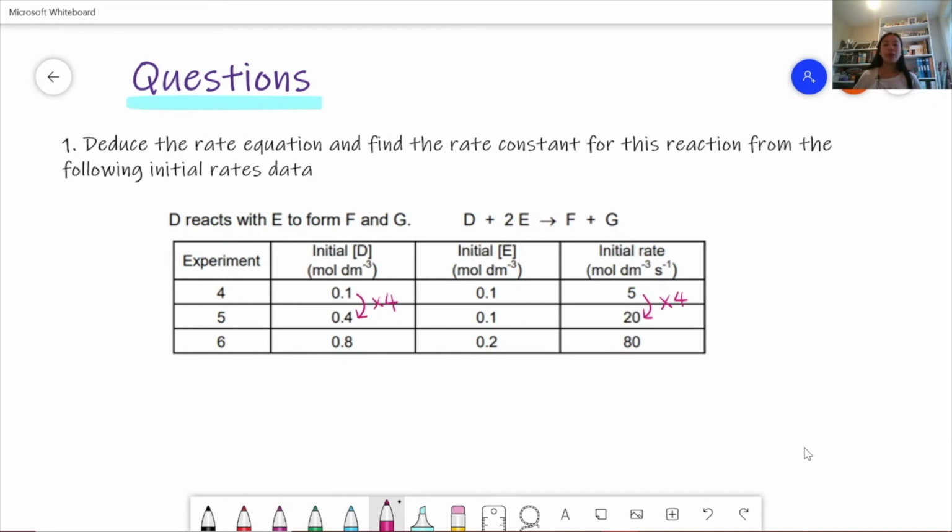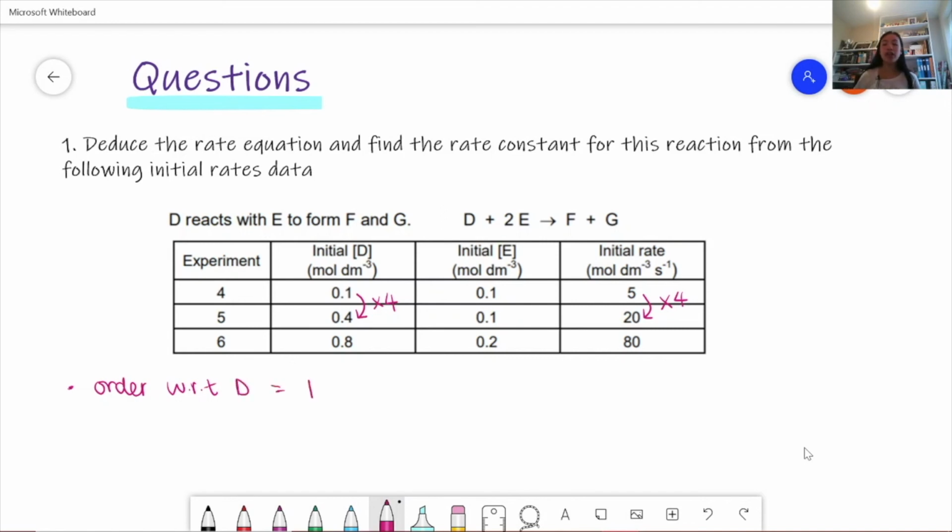So that means that we've worked out that the order with respect to the concentration of D is 1, because if we multiply the concentration of D by 4, the initial rate also multiplies by 4. And so we have that the order with respect to D is equal to 1.